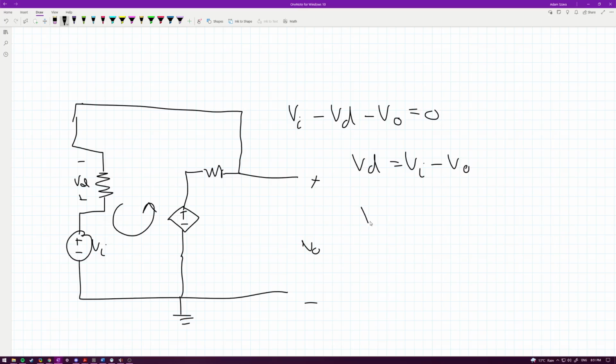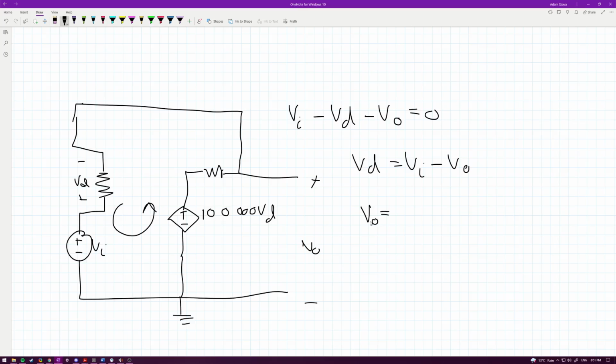And then he gets here VO equals the specific thing here was 100,000 VD. And then it's just the addition of these two.